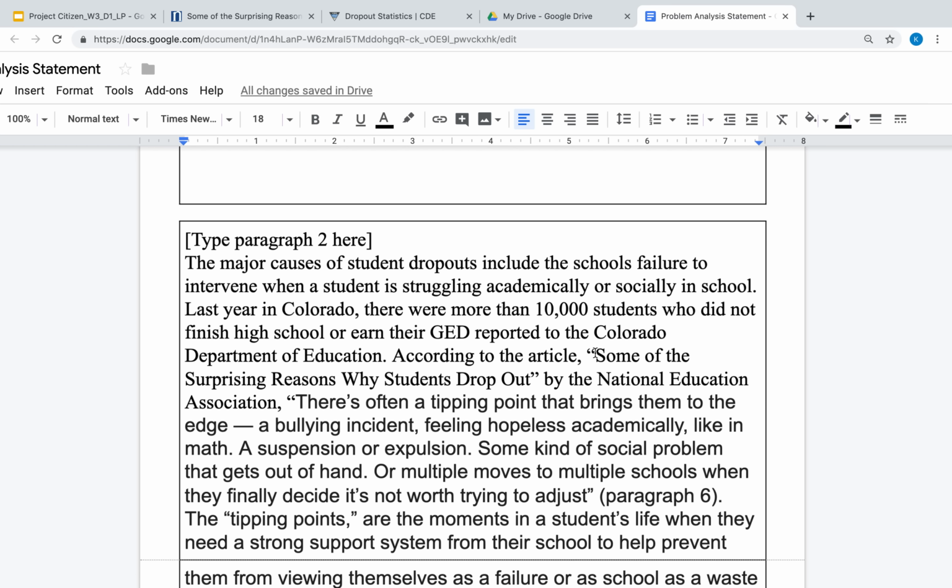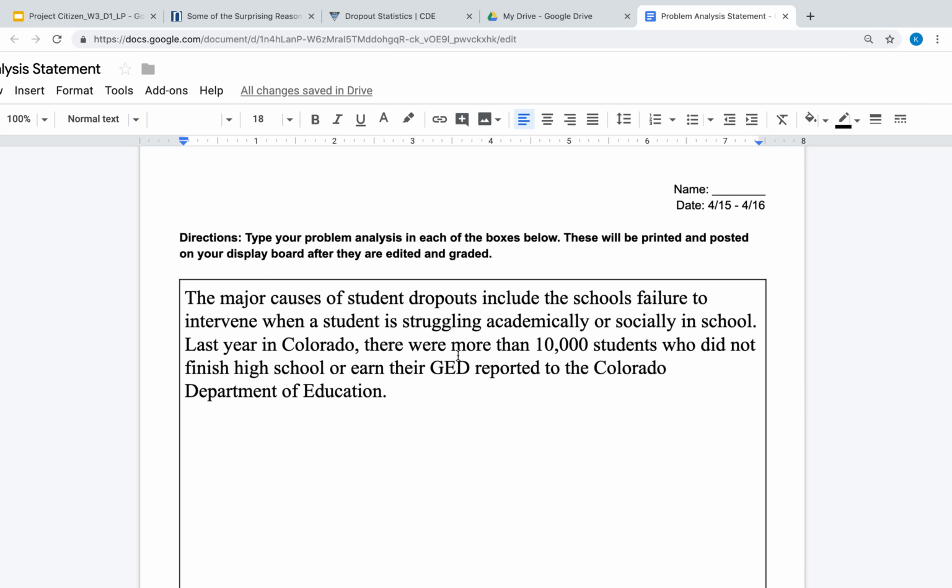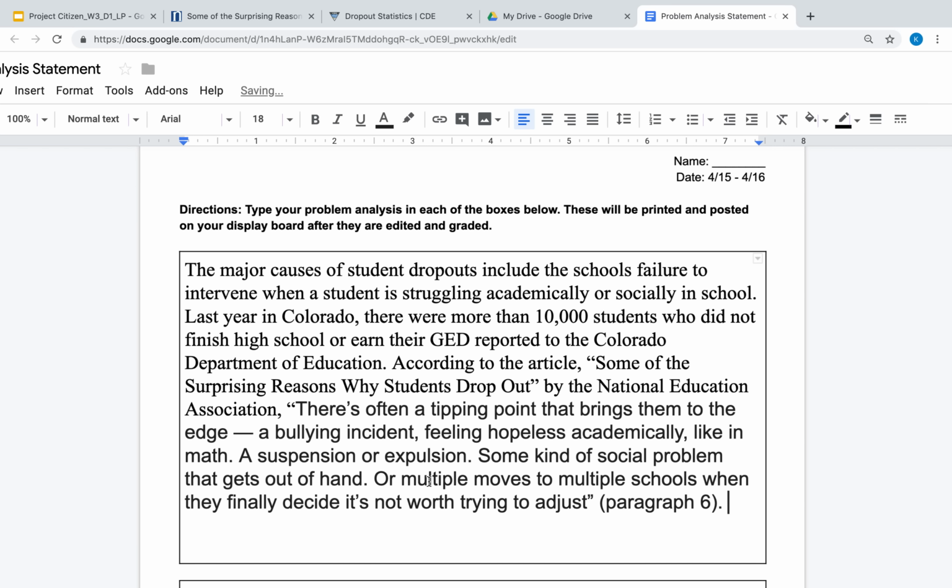All right, now I go to my evidence. I grabbed this quote and I'll add it up here. For evidence, you want to use a little sentence stem, according to the article. Then you'll see my really big piece of evidence, and I also put the paragraph number at the bottom.